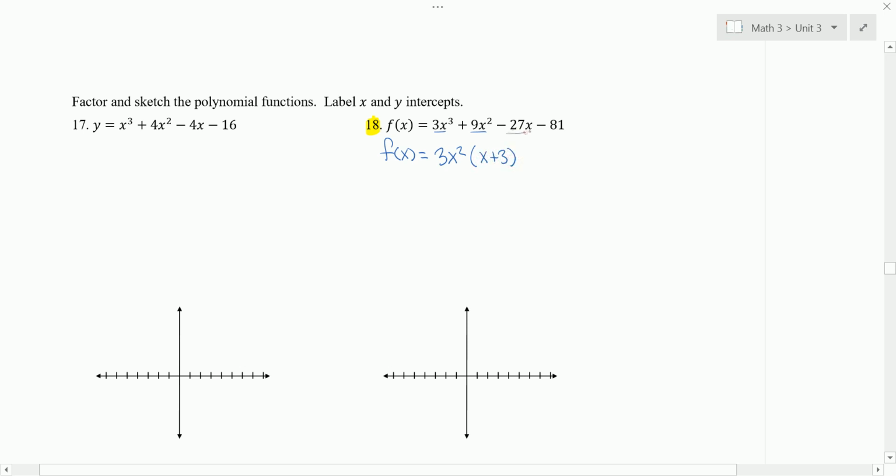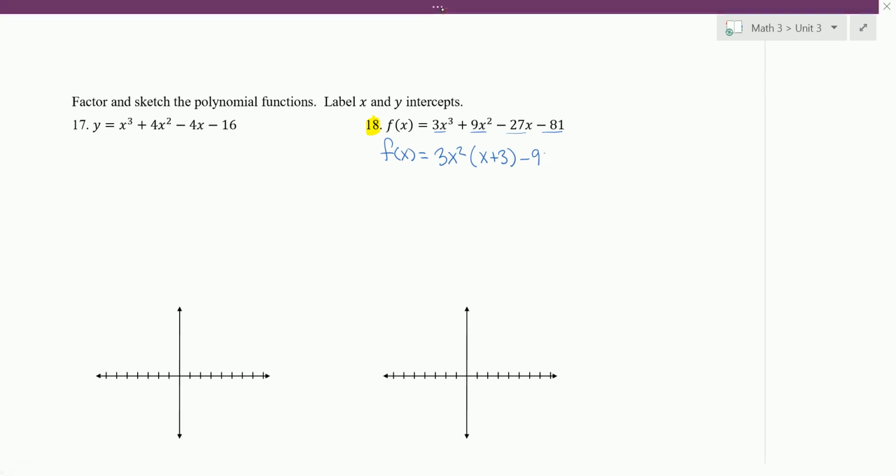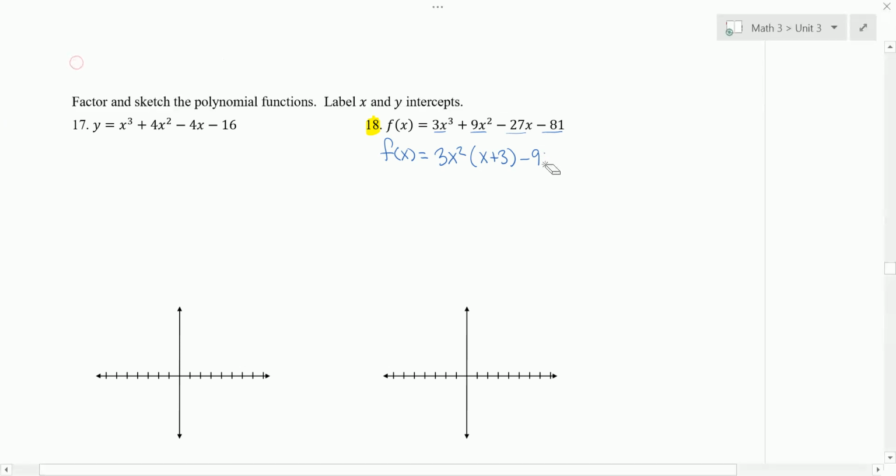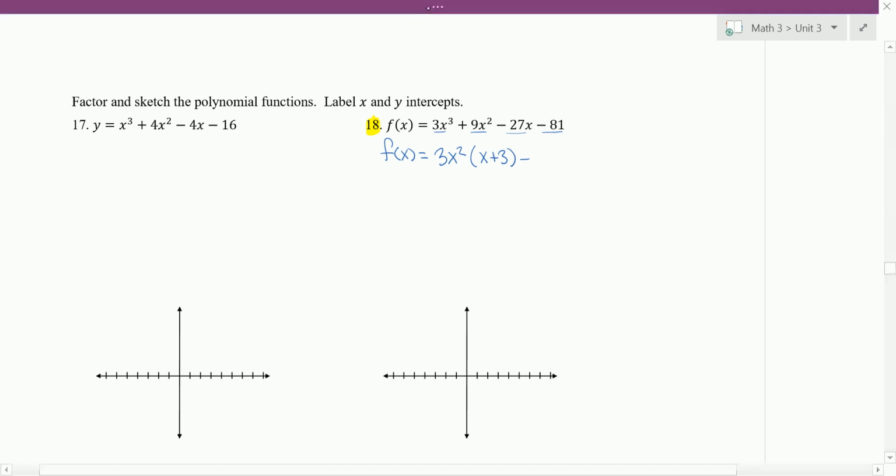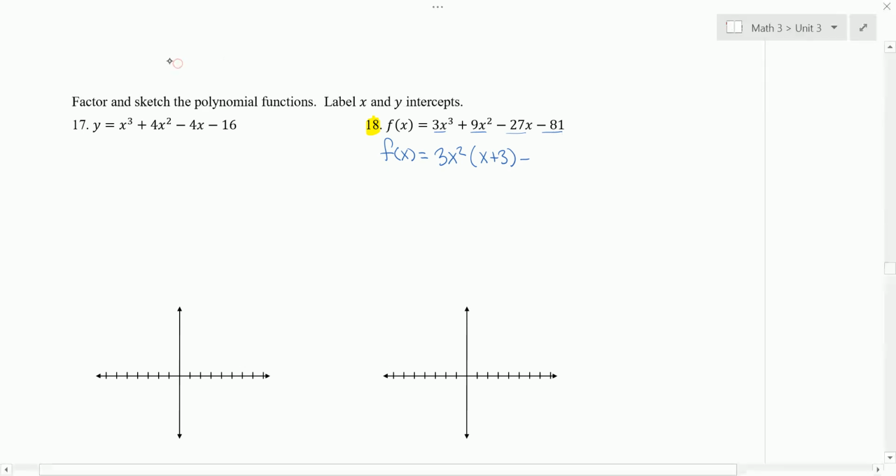The last two terms I could divide by negative 9x. Sorry, negative 9. No. I'm looking at the wrong two terms here. The 27 and 81 are both divisible by 27. So I'm going to factor out a negative 27, and I'm left with x plus 3 again.